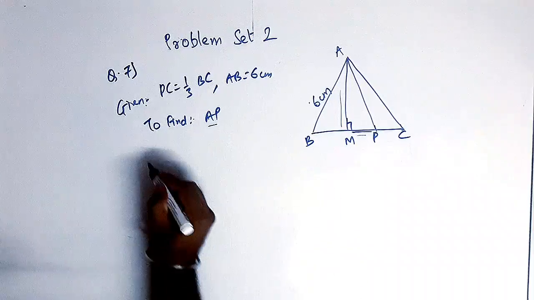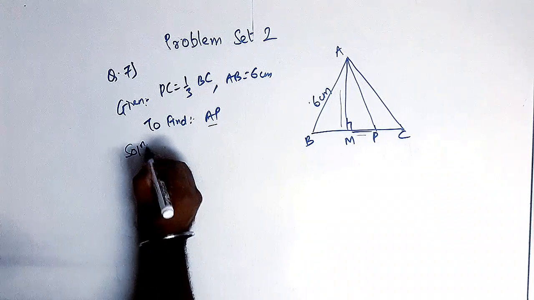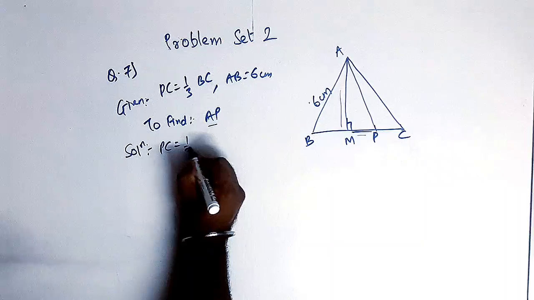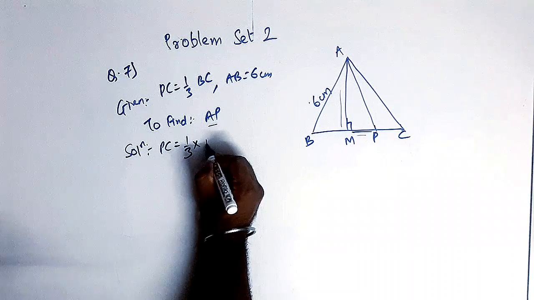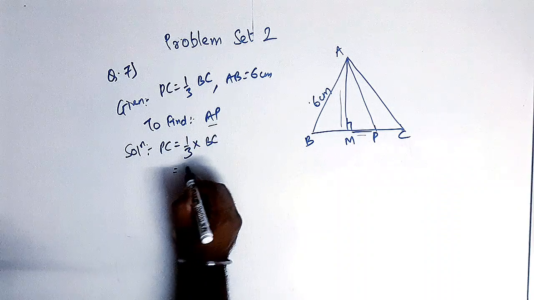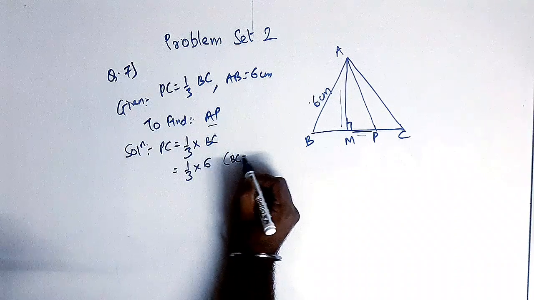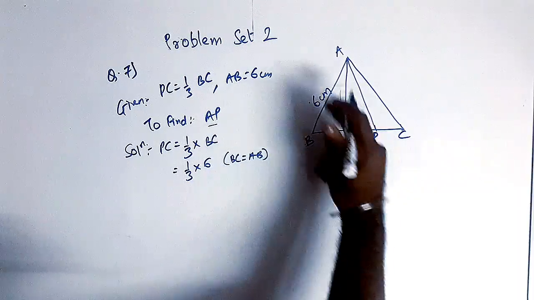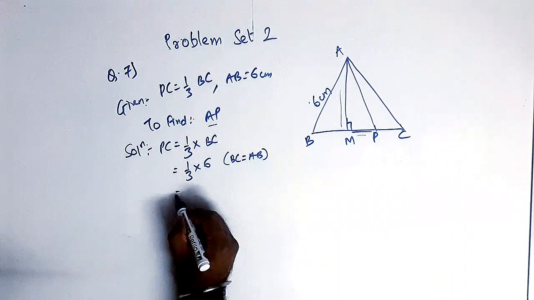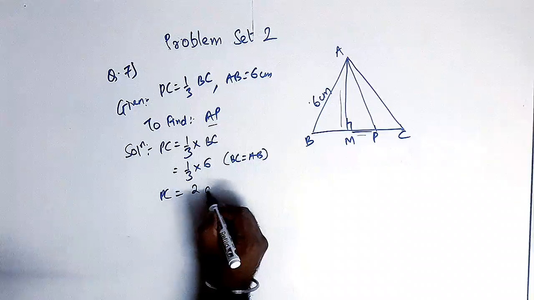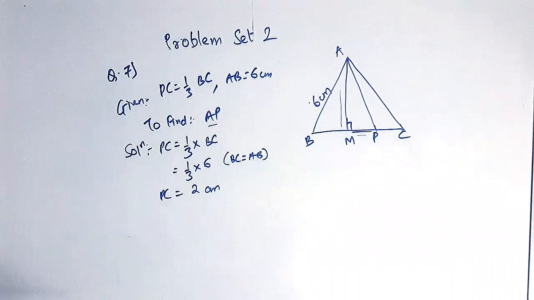Let us see. PC is equal to 1/3 of BC. So I'll write 1/3 of 6, since BC is equal to AB, sides of an equilateral triangle. So this becomes 2 centimeter. PC is 2 centimeter.